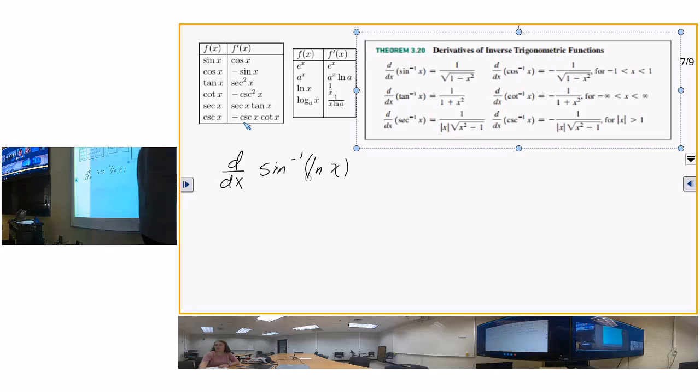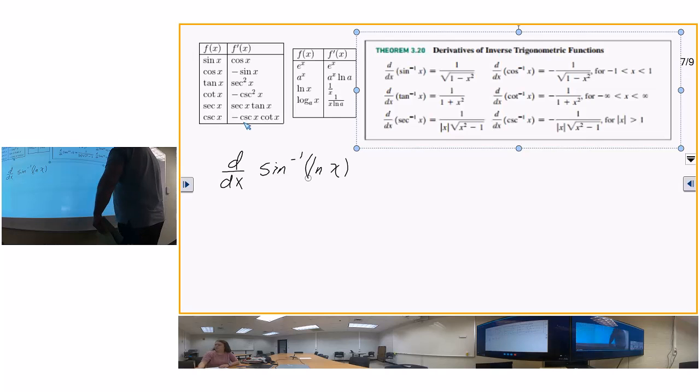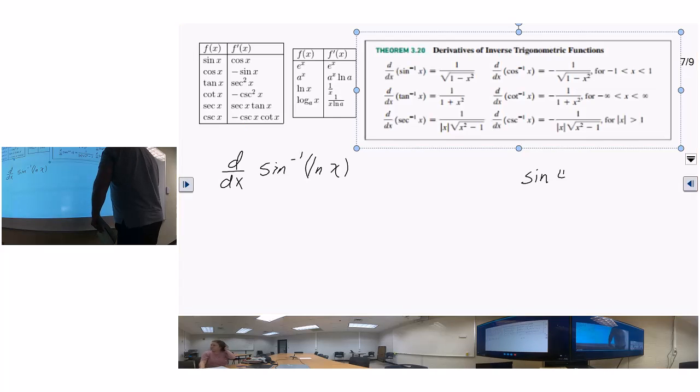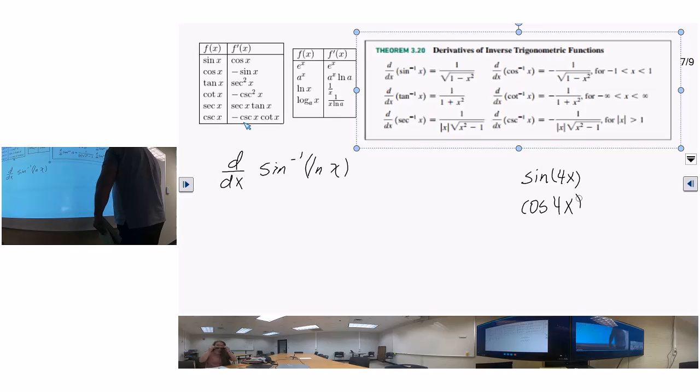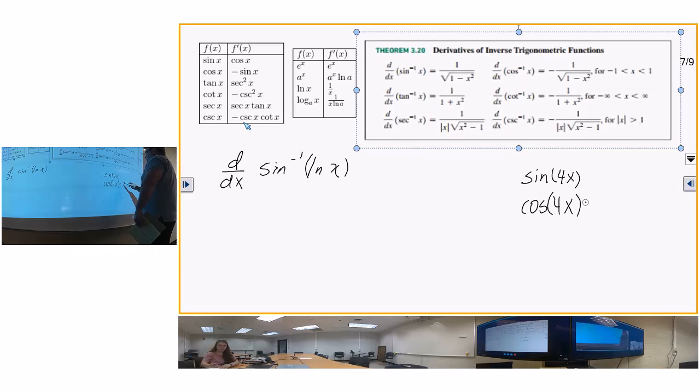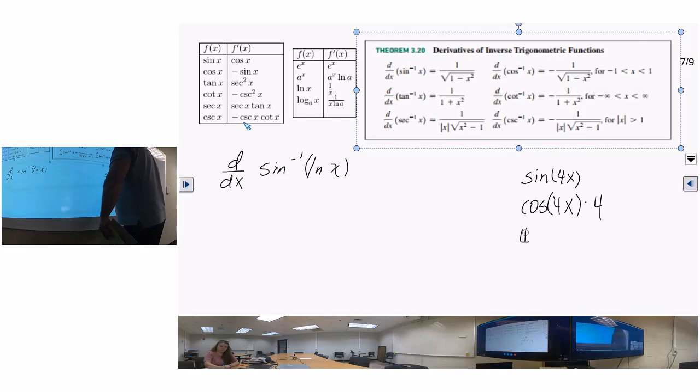Okay, now I'm going to go back and do the sine of 4x. Sine of 4x, in parentheses, is going to be, okay, the derivative of the sine is the cosine of 4x, and then I have to multiply by the chain rule, which is going to be 4. All right, so my answer is 4 cosine of 4x.